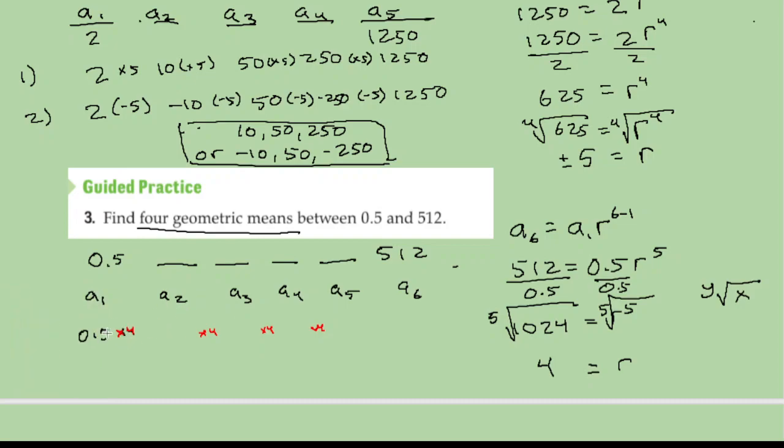So 0.5, 1/2 times 4 gives me 2. 2 times 4 gives me 8. 8 times 4 gives me 32. 32 times 4 gives me 128. And then 128 times 4 gives me 512. So my 4 geometric means are these 4 right here.